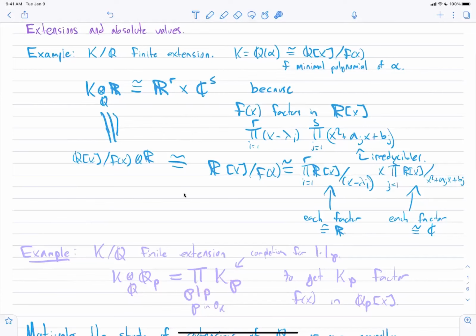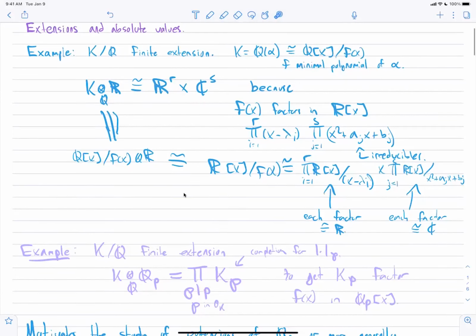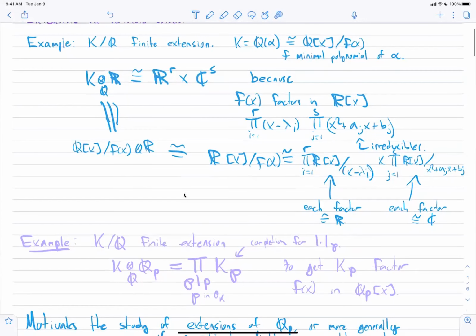So that's already something. But one thing that was really nice over here in the Archimedean case was that we just had the real numbers and the complex numbers. We just had two completely explicit things that we could understand, and once we understood those well, that's all we had to understand. Basically this result I just said tells us some weak version of that over here.